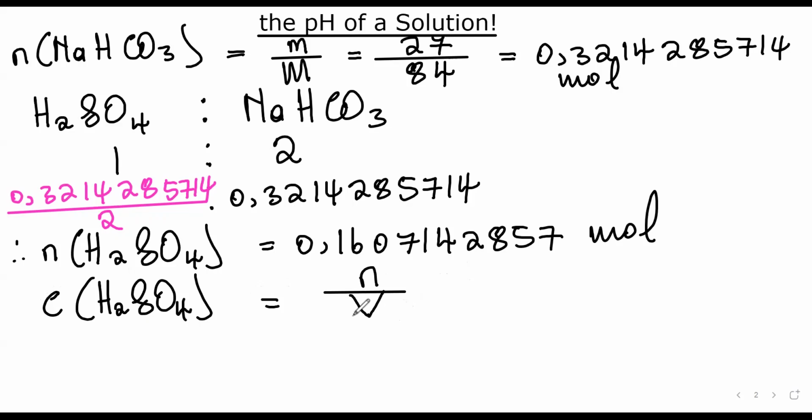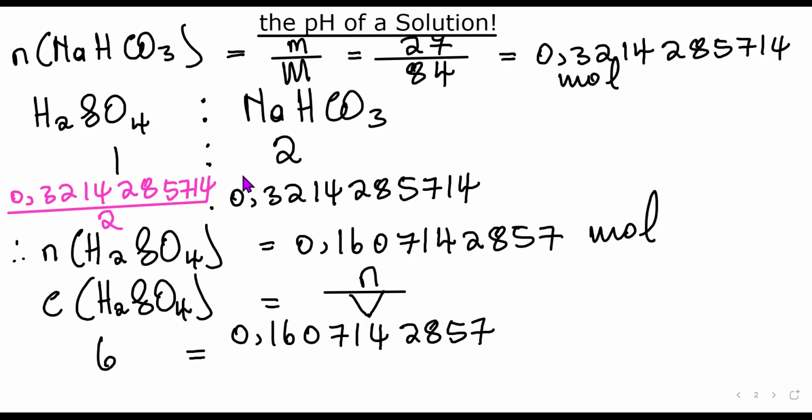So we are given that the concentration is 6 mole per cubic decimeter. The number of moles, we determined them to be what I'm writing here. And now we just need to find the volume.